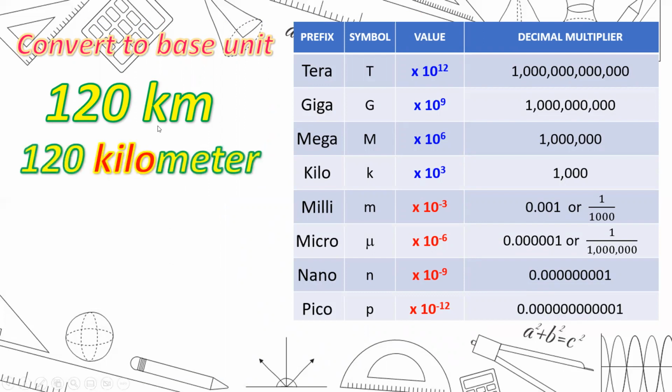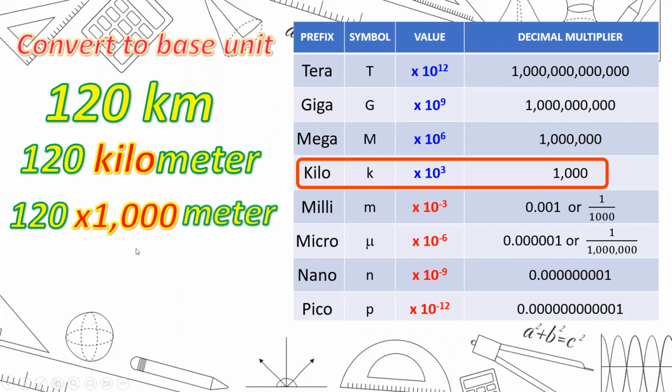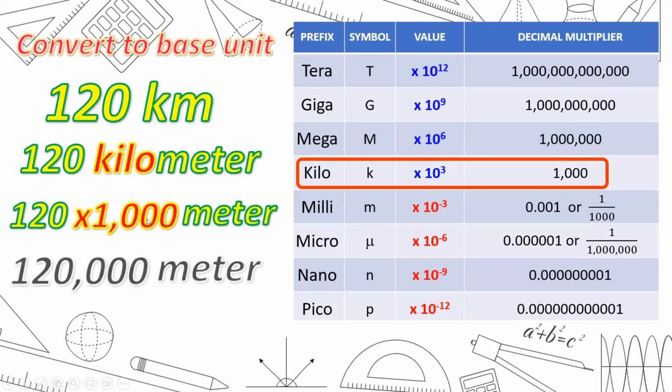So 120, then we have here the prefix kilo, then the unit is meter. As we can see, kilo is times 10 to the positive 3, or our multiplier is 1,000. So from 120, kilo is simply multiplied by 1,000, then write the unit. Then 120 kilometers means 120,000 meters.